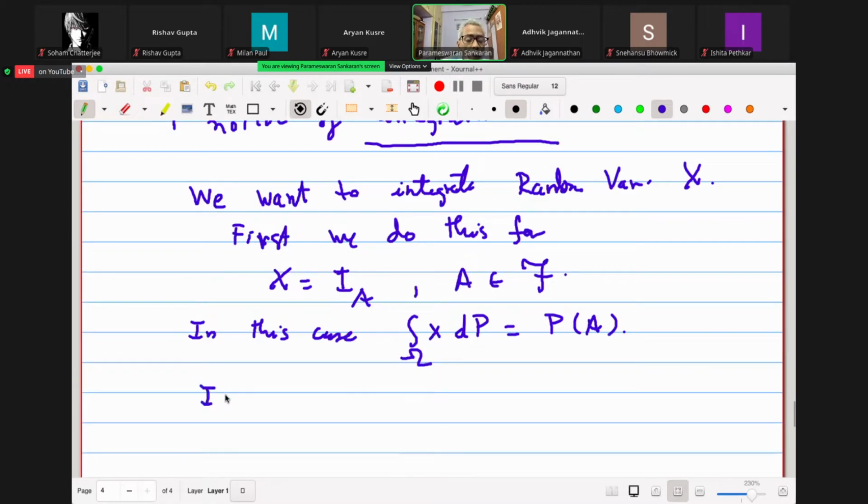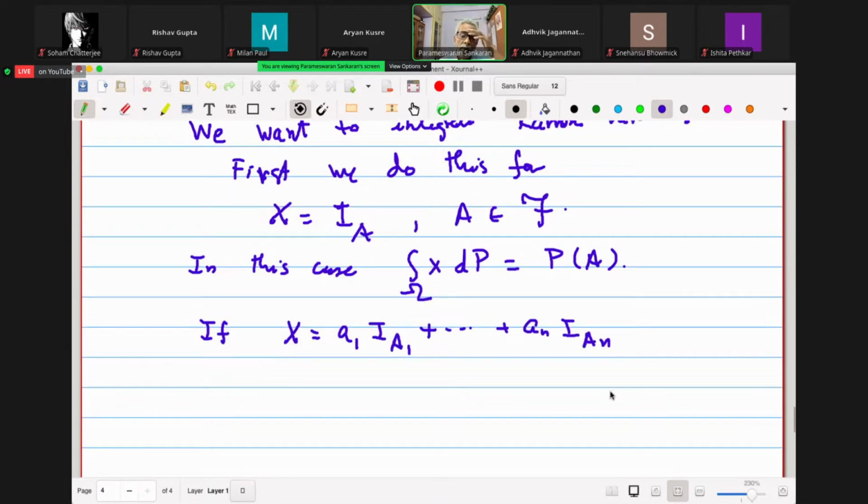So you extend it linearly. If your function X is a1 I_A1 plus blah blah blah plus an I_An. Never mind if A1, A2 are disjoint or whatever it is, doesn't really matter. If this is, then define. So in other words, you define this integration operation linearly as a real linear operator.